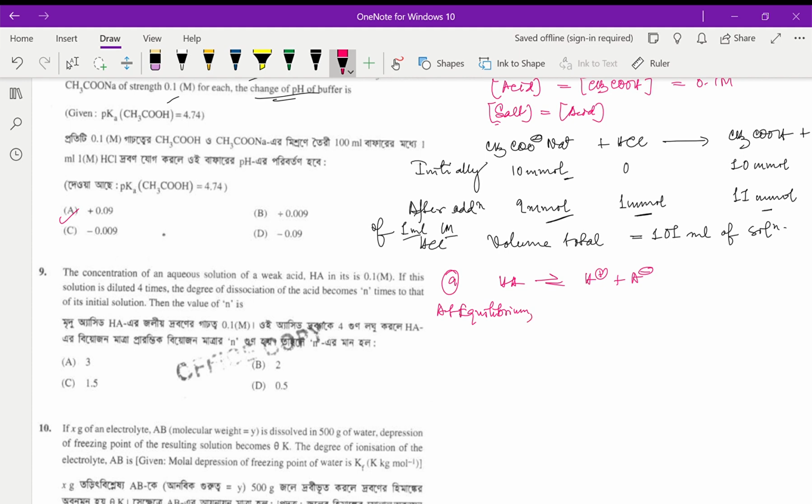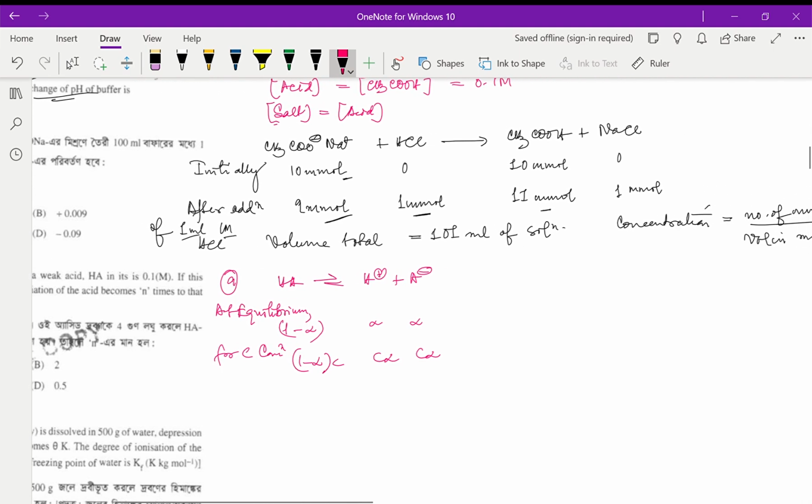We will say 1 mole of this, where alpha is the degree of dissociation, gives you alpha, alpha. Then for any concentration C, this has to be 1 minus alpha into C, alpha C, alpha C. That is what it is going to be.